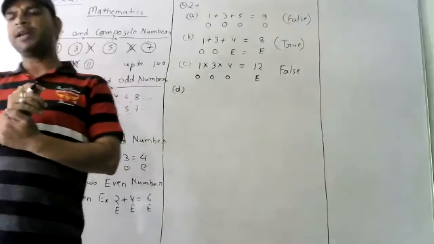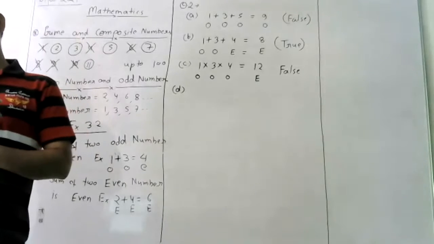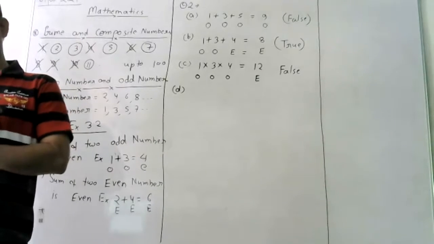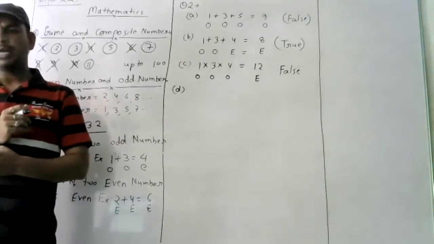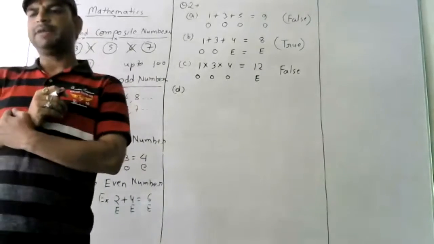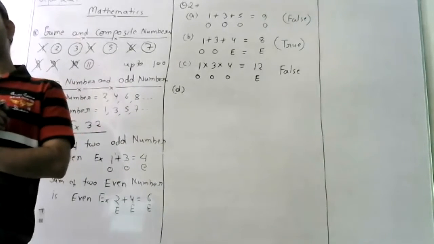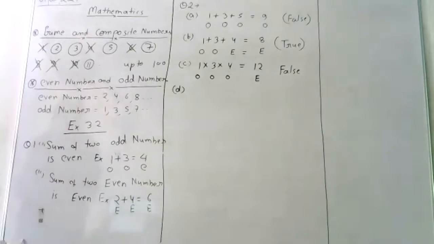If an even number is divisible by 2, the quotient is always odd. One query. Master Shashwat Agarwal, ask your question, beta.